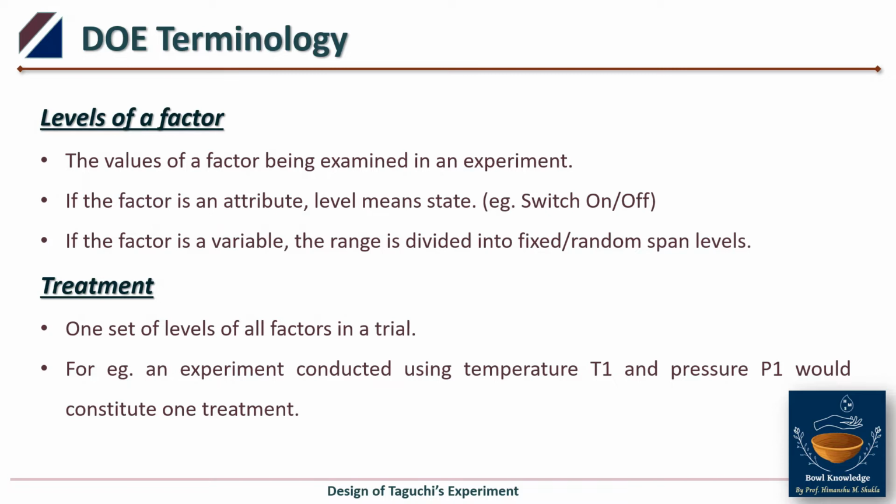If we have 4 factors, that set of levels of all factors is called a treatment. For example, an experiment being conducted using temperature T1 and pressure P1 would be one treatment. Then for the next set, if temperature is T2 and pressure is P2, or temperature is T2 and pressure remains P1, it will be called the second treatment.